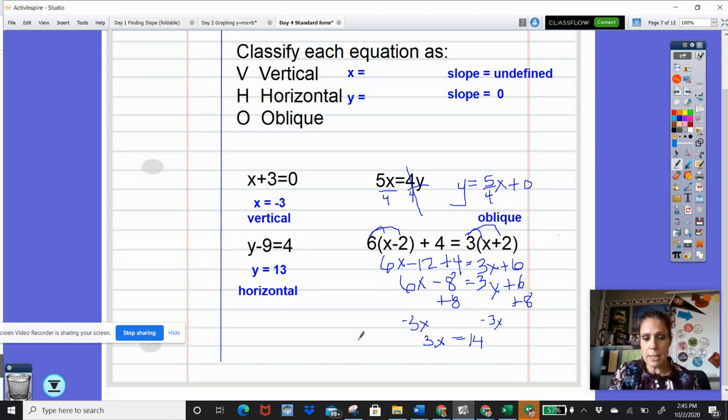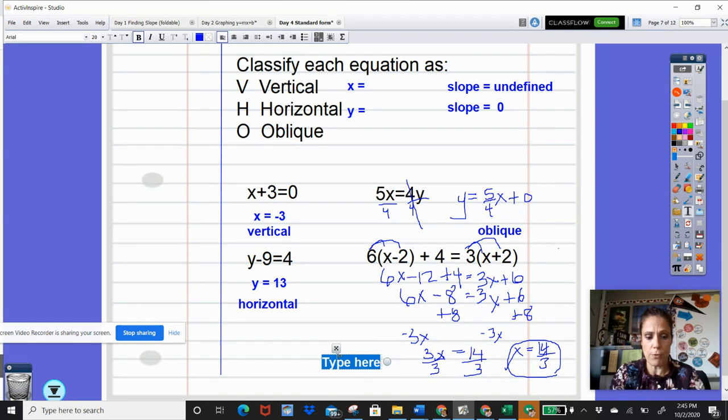Divide both sides by 3, and you'll notice I just have an x variable here. So everything got simplified to x equals 14 over 3, and that's an x only. And that will be a vertical line. So V for vertical.